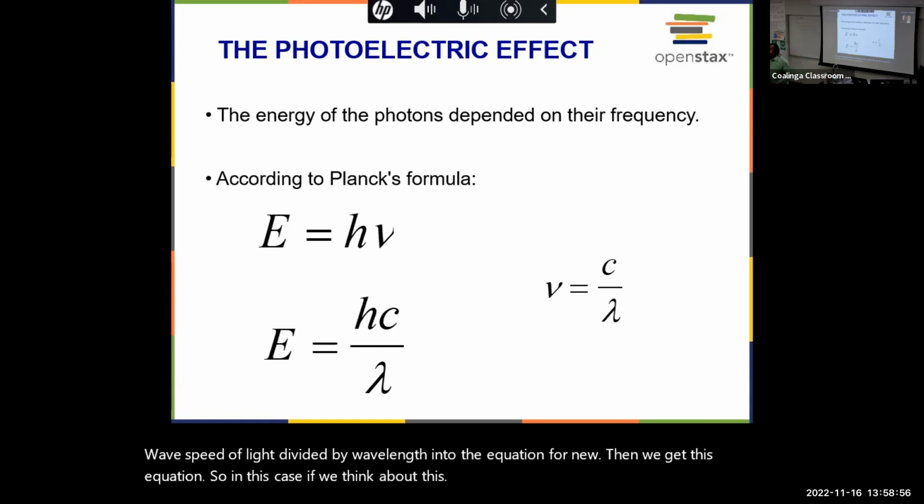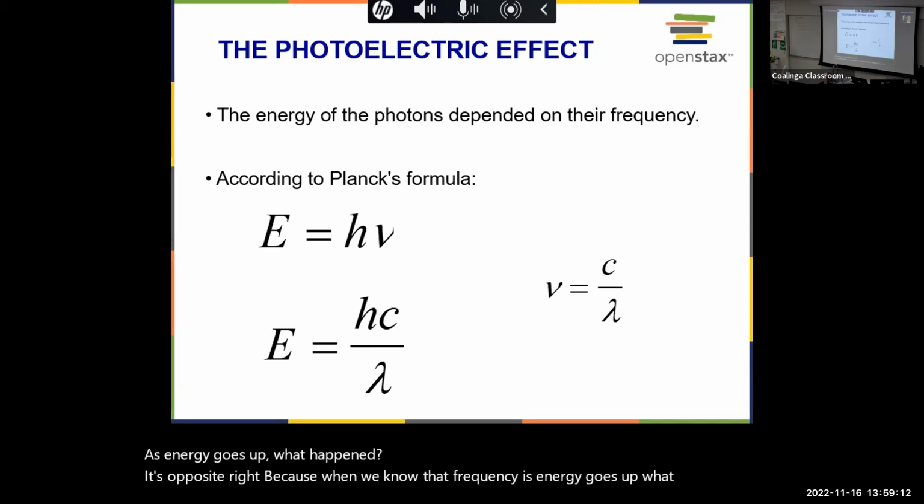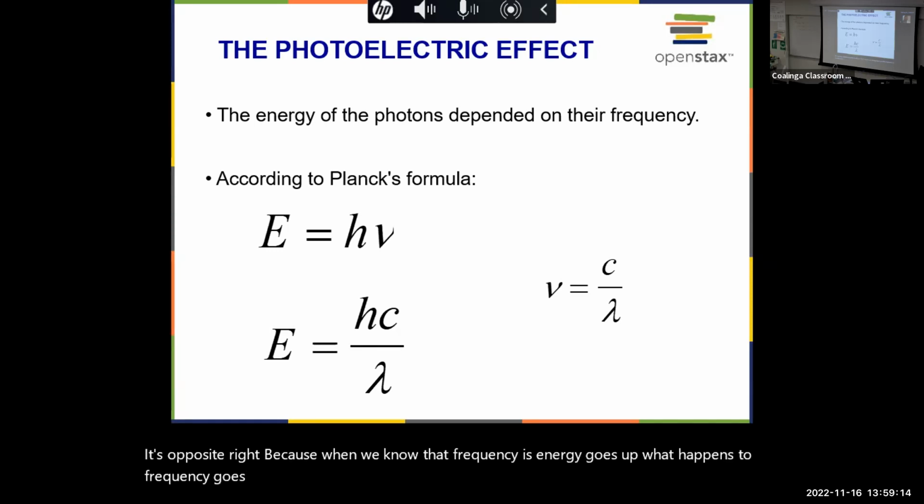As energy goes up, what happens to wavelength? It decreases. That's right. It's opposite, right? Okay. So we know that it's inversely proportional. Energy is inversely proportional to the wavelength.